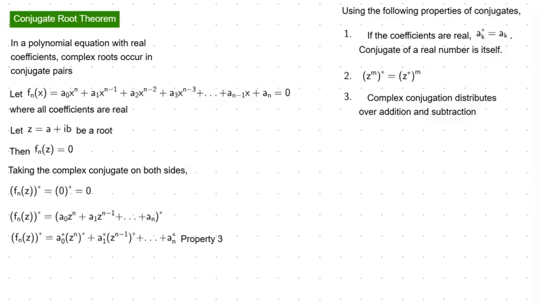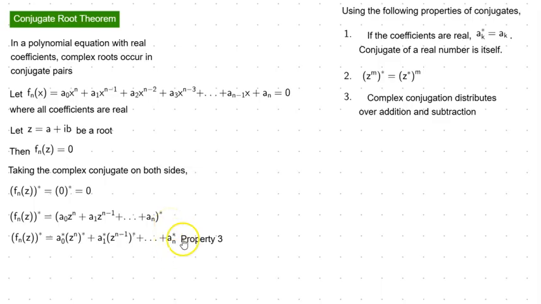Okay, let's proceed. Now, here we are distributing this conjugation over addition. So what happens? The conjugate of a sub naught times the conjugate of z to the power of n, plus the conjugate of a sub 1 times the conjugate of z to the power of n minus 1, plus dot dot dot till we reach the conjugate of a sub n.